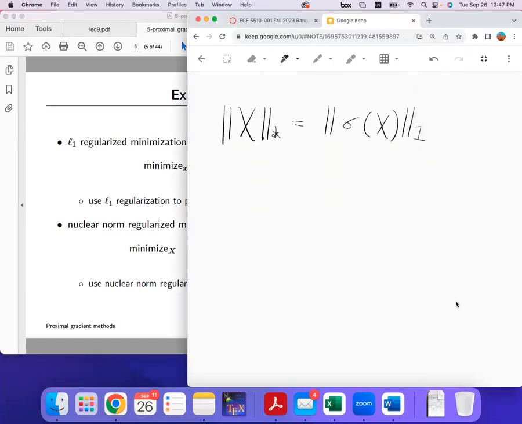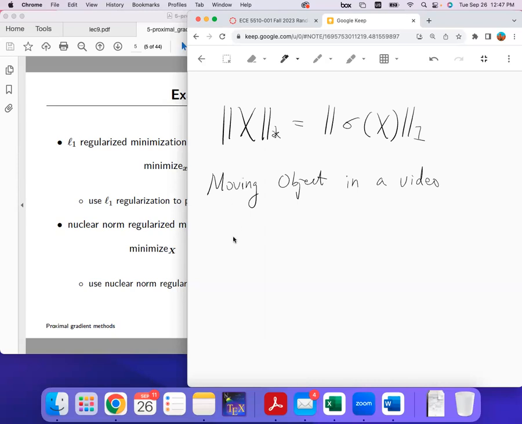Because now, we can quickly look at this idea. Moving object in a video. We can model this as a low rank matrix separation problem.